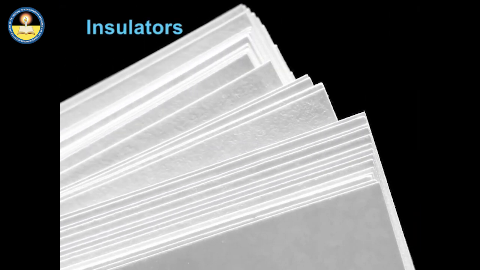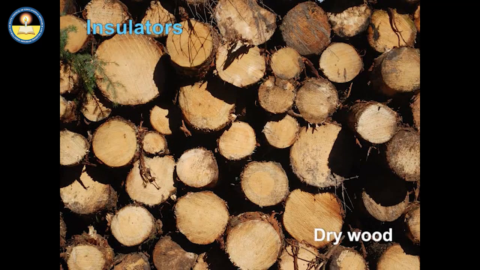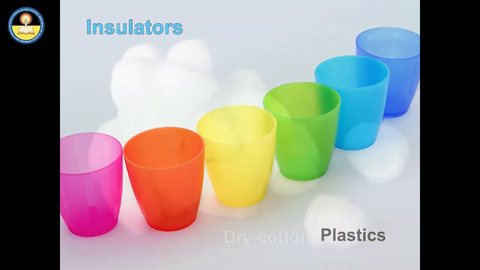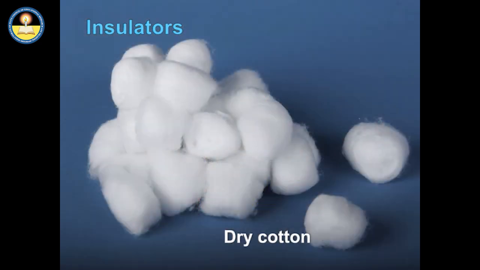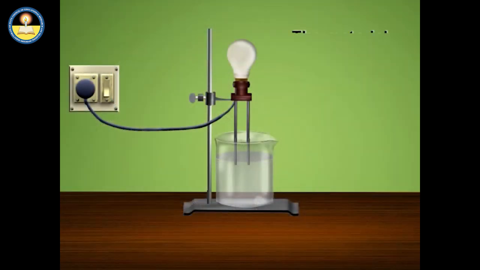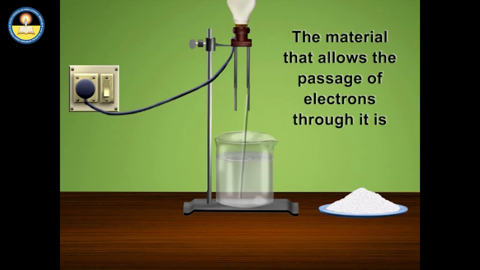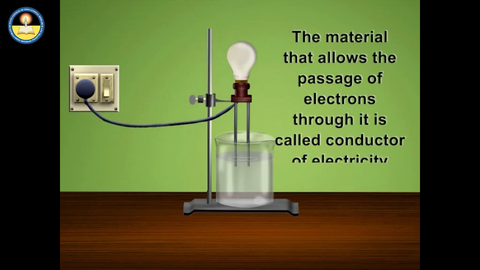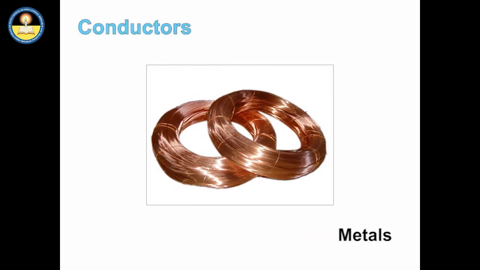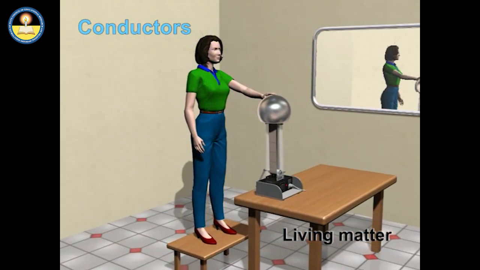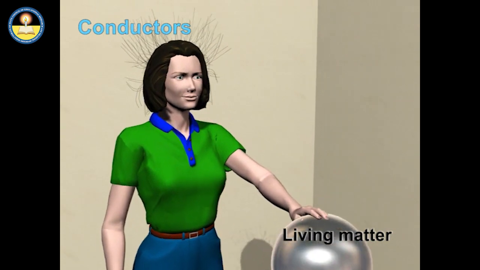For example, paper, dry wood, pure water, plastics, dry cotton, etc. And the material that allows the passage of electrons through it is called conductor of electricity. For example, metals, impure water, living matter, etc.